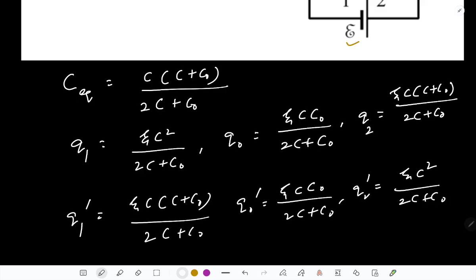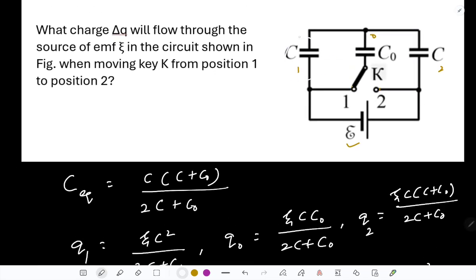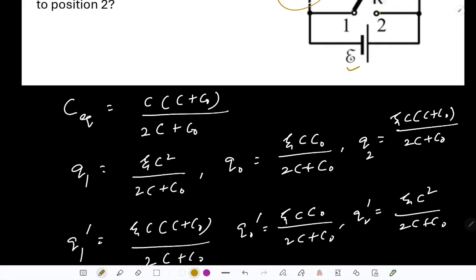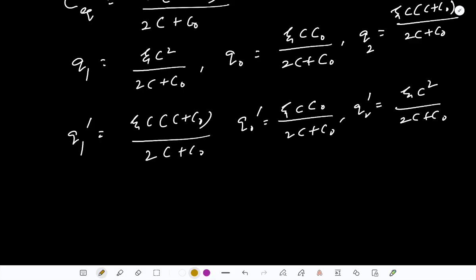Total capacitance remains same. But if you can see, the charges on this left capacitor, this C1, has changed from Q1 dash minus Q2. So change on capacitor C on the left is delta Q1, and this is Q1 dash minus Q1.